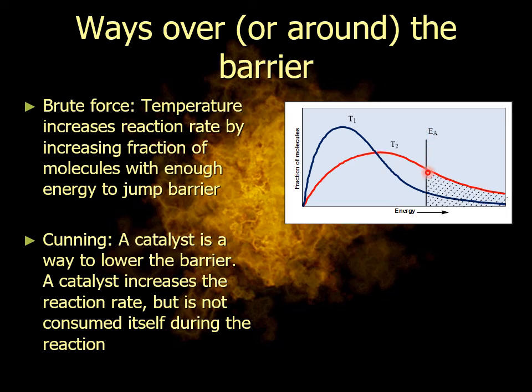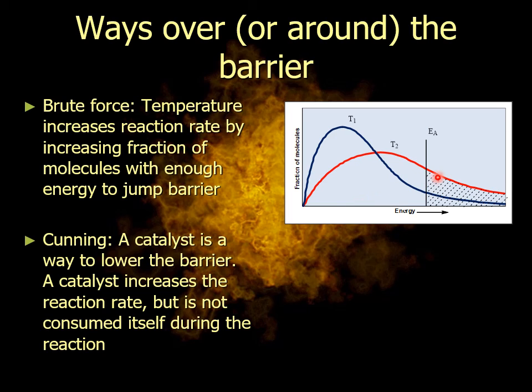I made a vertical line here that's equal to, say, the activation energy of the reaction. So the molecules must have sufficient energy to get over it. But if their kinetic energy falls below the barrier, they will not succeed.